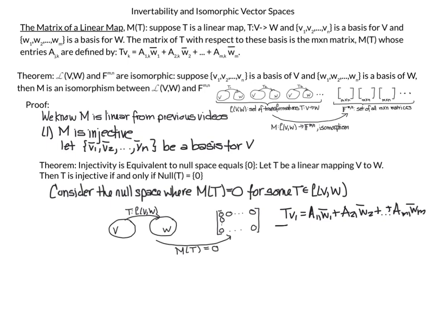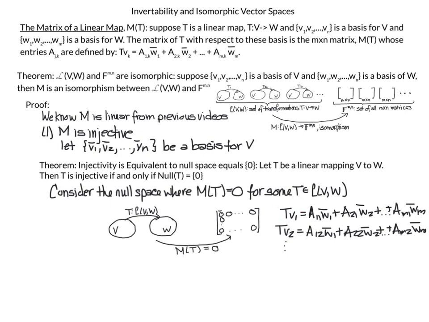We can also write this for T of V2. Now our K is equal to 2. So T of V2 is going to be A sub 1,2 W1 plus A sub 2,2 W2, all the way up to A sub m,2 Wm. And we can keep doing this using this formula. But what does that tell us about our transformations?